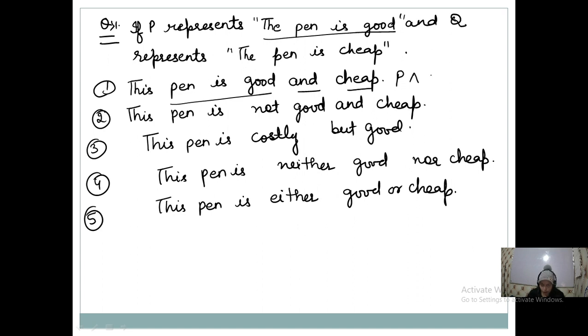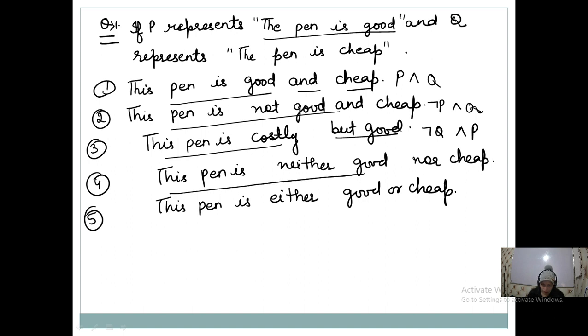Then for cheap, Q, because in the question the pen is cheap is represented by Q, so its answer is P conjunction Q. Now second, this pen is not good, that means you have to write the negation symbol, not P and Q. Third, this pen is costly but good, means this pen is not cheap, so we will write here not Q and P. P will be positive because the pen is good.